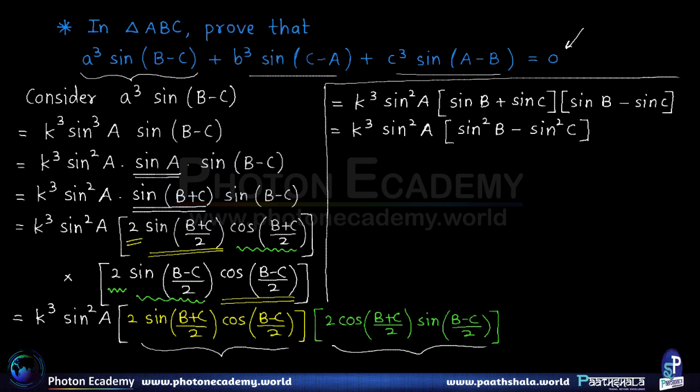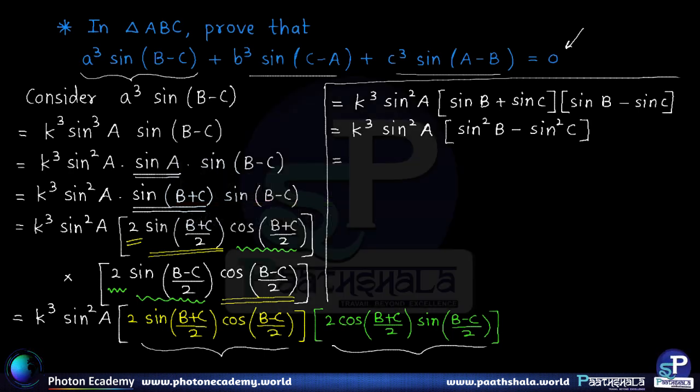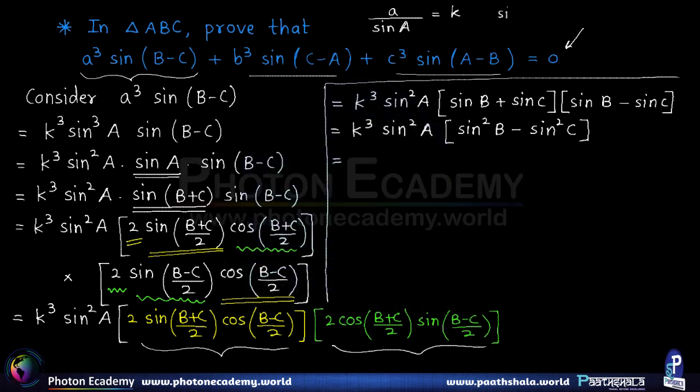Alright, now here we can replace back the sine A, sine B and sine C in terms of the sides. So that means here we had taken A upon sine A equal to k, correct? Therefore sine A can be replaced as A upon k, right?